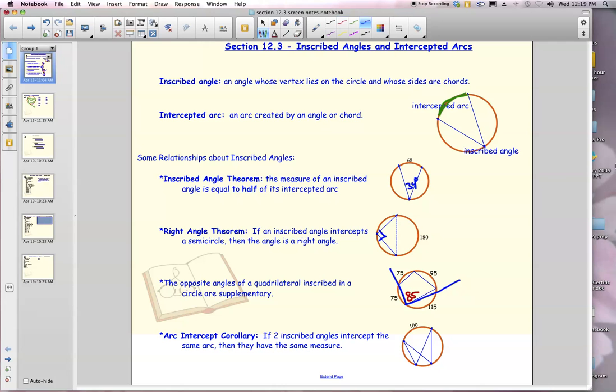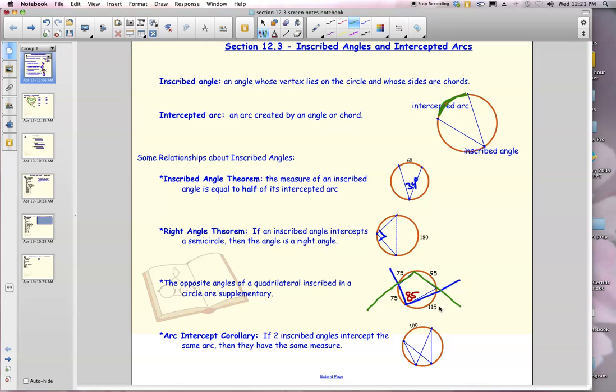Now, the angle that sits across from it, its opposite angle, intercepts the exact opposite of the circle. So since it intercepts what's left of the circle, it's going to be half of whatever's left. That one intercepts this much of the circle.